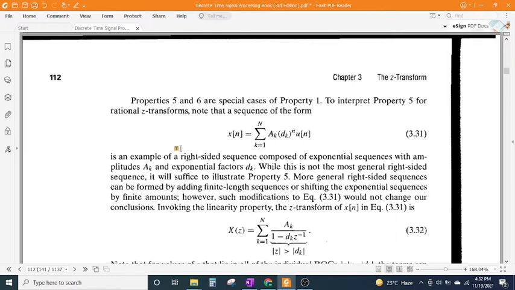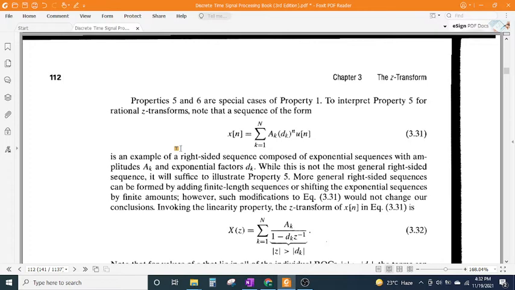While this is not the most general right-sided sequence, it will suffice to illustrate Property 5. More general right-sided sequences can be formed by adding finite length sequences or shifting the exponential sequences by finite amounts. However, such modifications to Equation 3.31 would not change our conclusions.